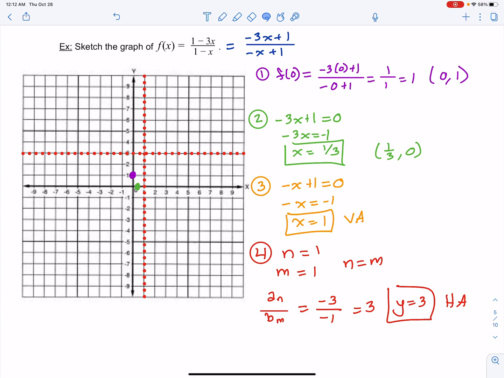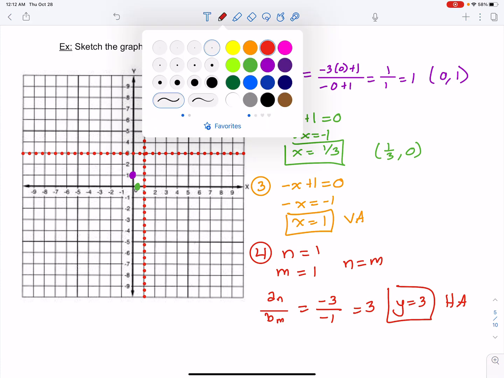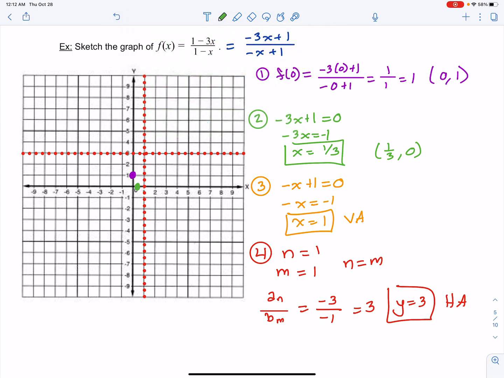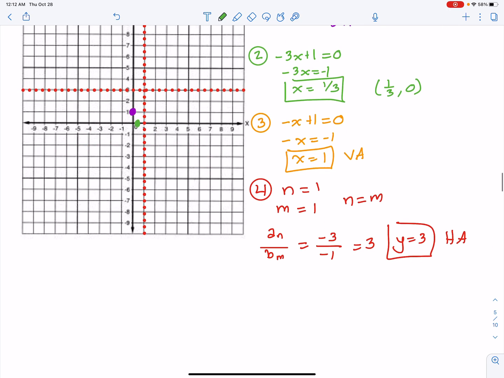And then again, it's just a matter of picking some more points to plug into our function. So here we have one vertical asymptote, splits our graph into two pieces really. You want to look at either side of that asymptote when you're finding more points. So if we look to the left of our vertical asymptote, we pick some x values and plug them into our original function to get some y values.